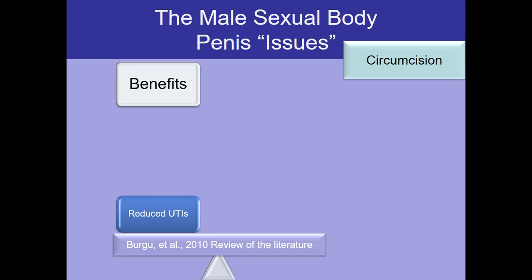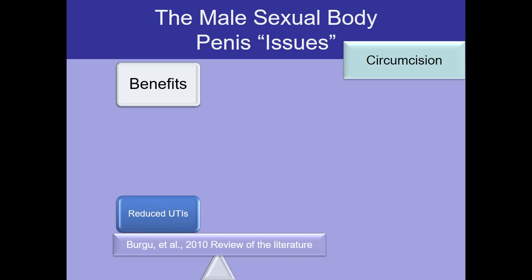The foreskin gives bacteria an opportunity to breed because it's nice and warm, semi-moist, with not very much oxygen. It's perfect for bacteria. So men who have a foreskin are more likely to have bacteria accumulate under their corona that can then move into the urethra and cause a urinary tract infection.